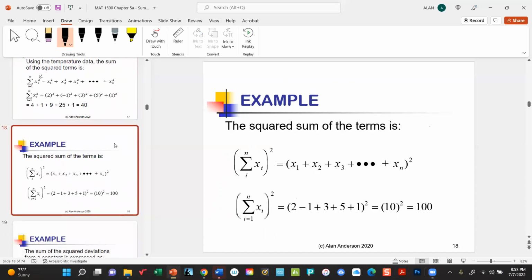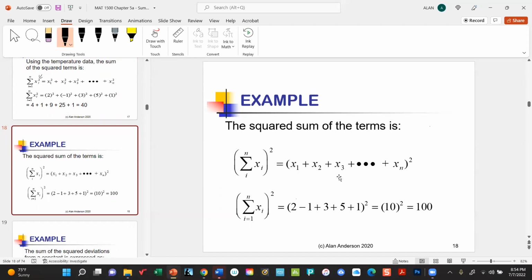On the other hand, what if I want to square the sum of the terms? If you notice, this time the square is on the outside. It's not attached to the x, it's attached to the sum itself. What that's telling me is that I'm going to add up all these numbers first, and only when that's done will I square them. Square the sum, that is, not the terms, the sum.